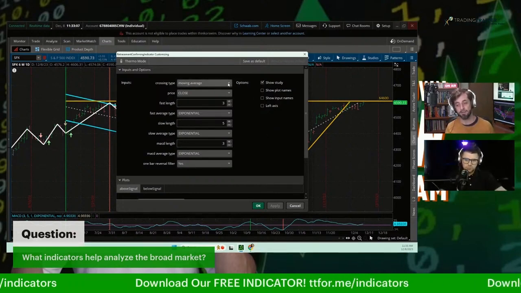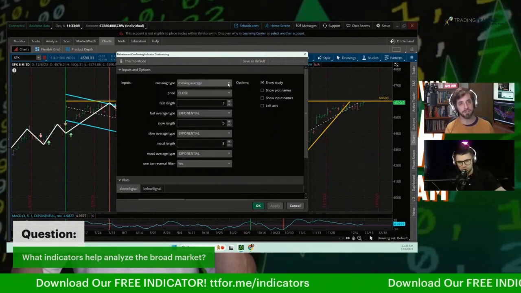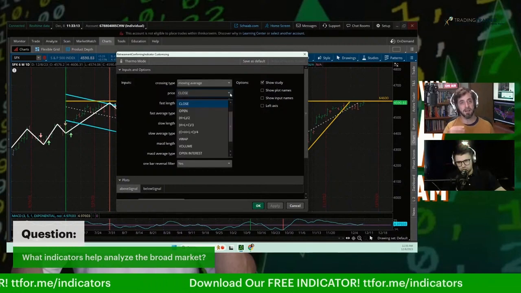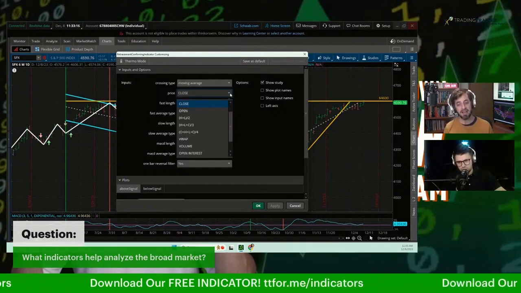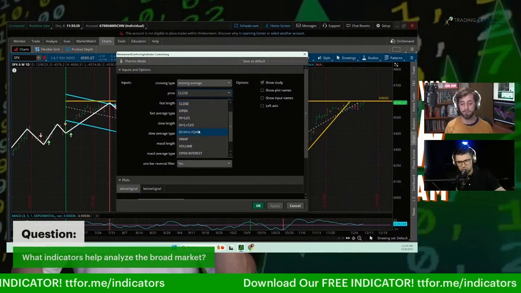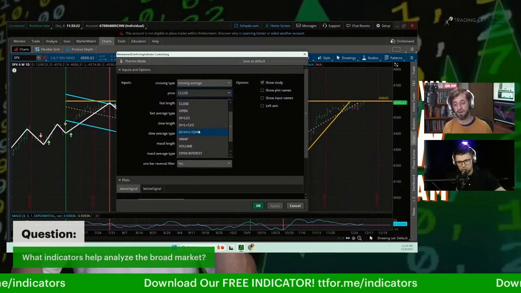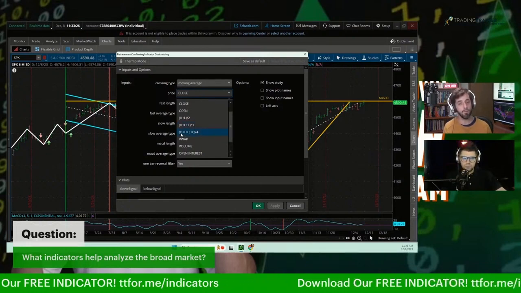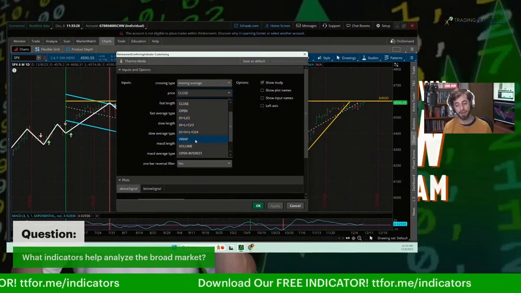What we've got in our little free indicator is just simple lagging indicators that you can use to identify tops and bottoms, either based on moving average crossings or on MACD crossings. And we give you the flexibility to decide which price is used in the calculation. So if you just want to use the basic close price, you can. If you want to include some historical volatility, you can use the high low close divided by 3, or even the open high low close divided by 4.